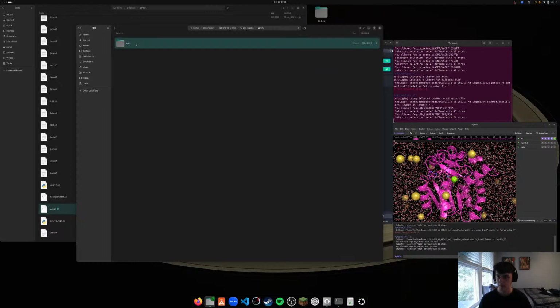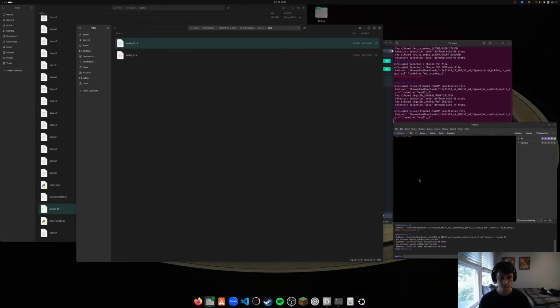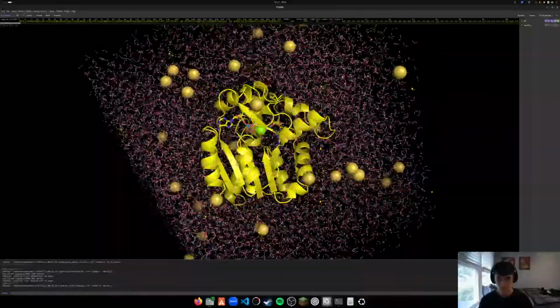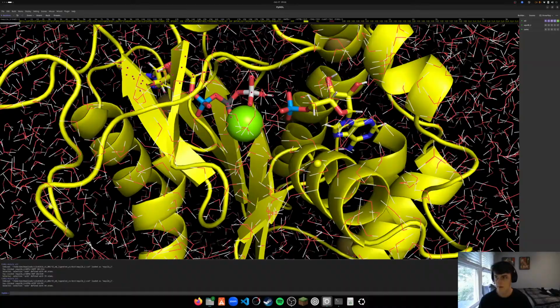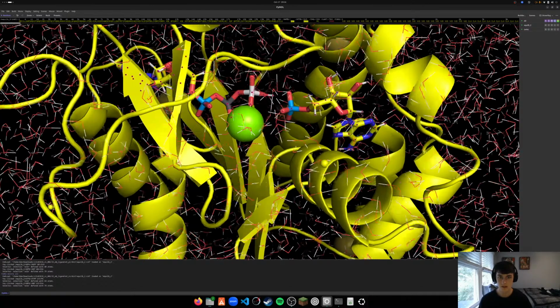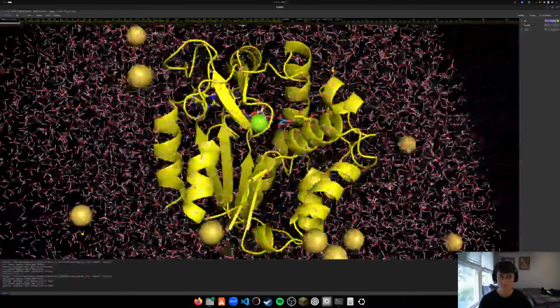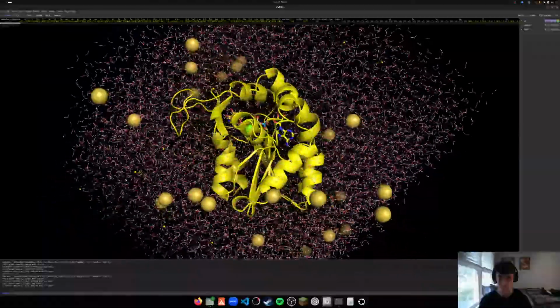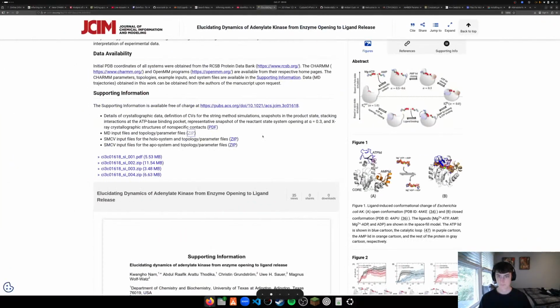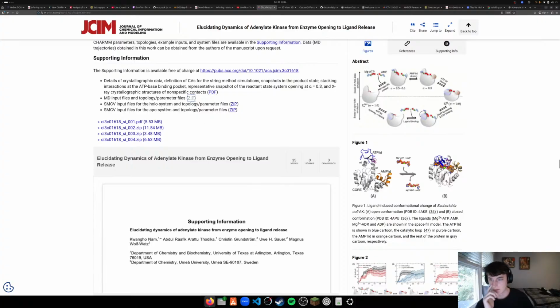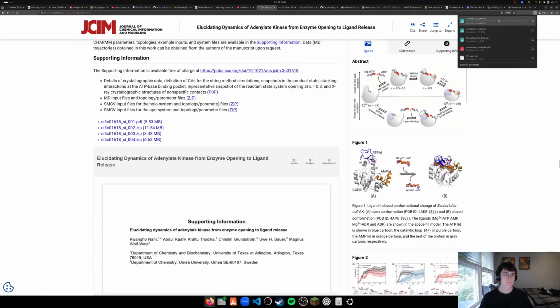Wild type RS. Okay. So yeah, this is ADP, this is AMP. Okay. SVN input for hollow system. Yeah, let's get that too.